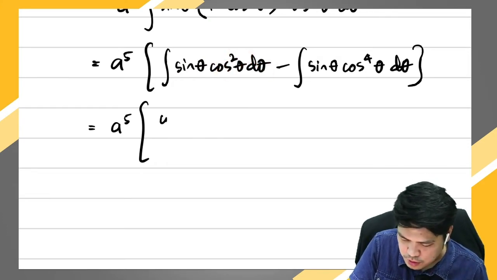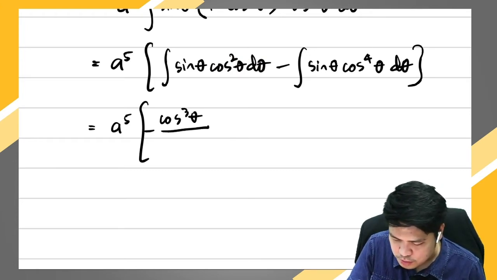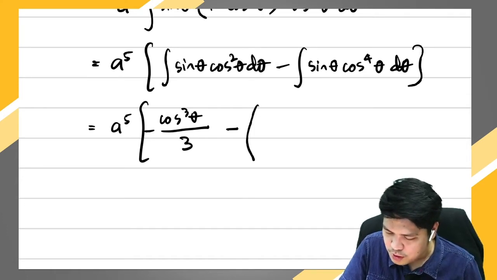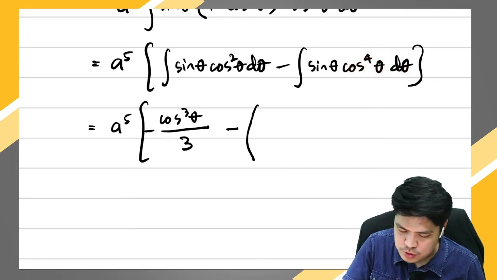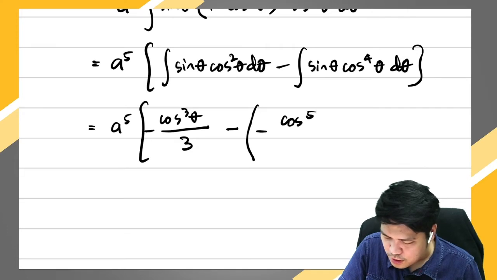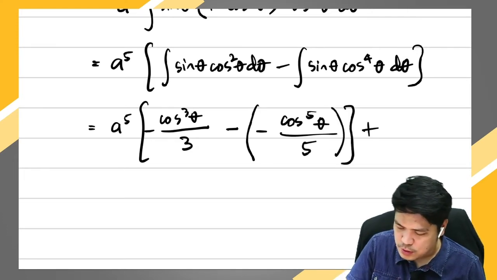So that would become negative cosine cube theta over 3, then minus, for this one, the same thing. This is u raised to n du. So that would be minus negative cosine raised to 5 theta over 5, plus c.